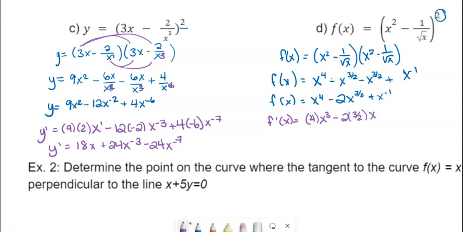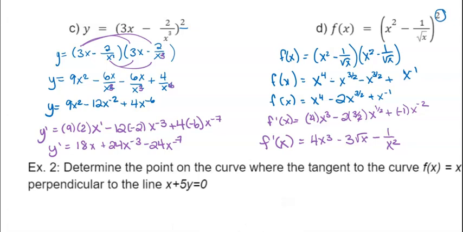Bring down the exponent, reduce the exponent by 1. Bring down the exponent, reduce the exponent by 1. And maybe I will clean this up a bit more. So this is going to cancel.